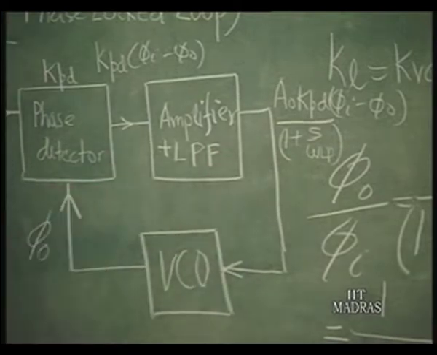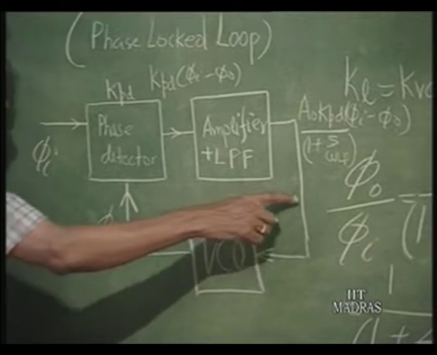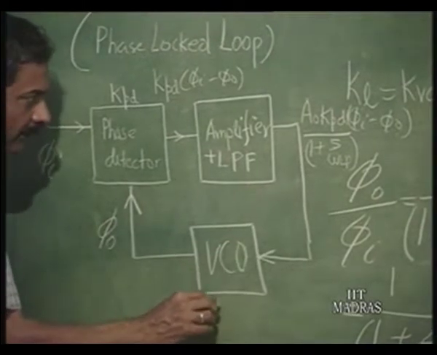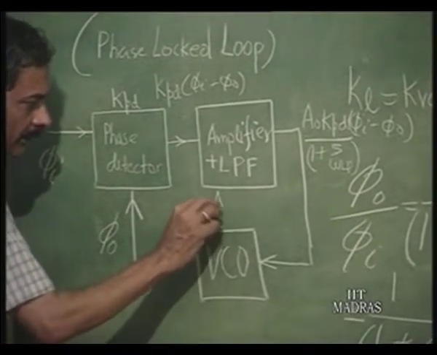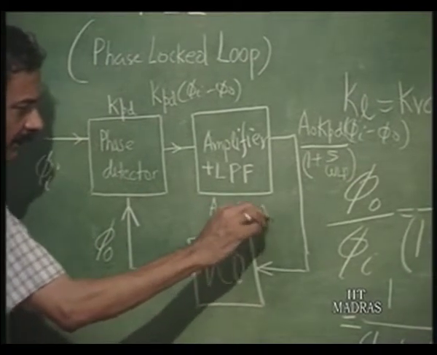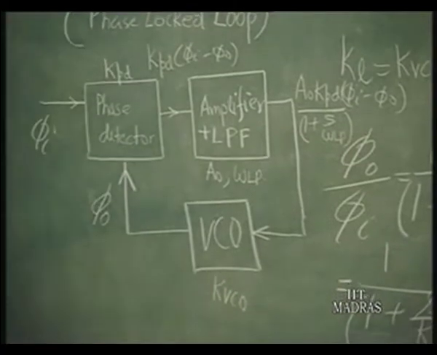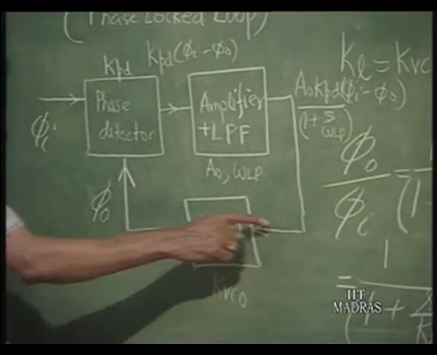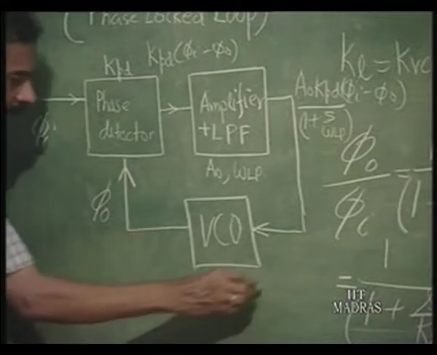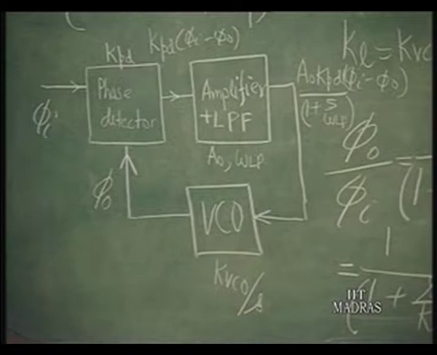That is the voltage here. This has a sensitivity of A naught, and omega LP is the low pass filter cutoff frequency. Here we have a sensitivity of kVCO. So, this voltage is going to be multiplied by kVCO divided by S, because it is responding to phase, and therefore that is itself equal to phi naught.